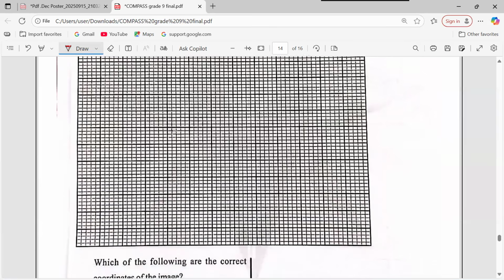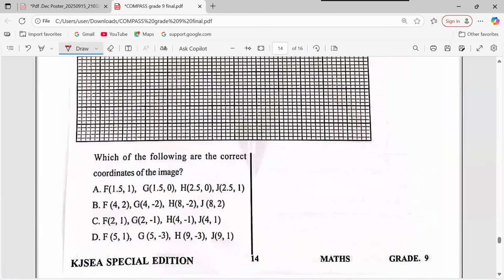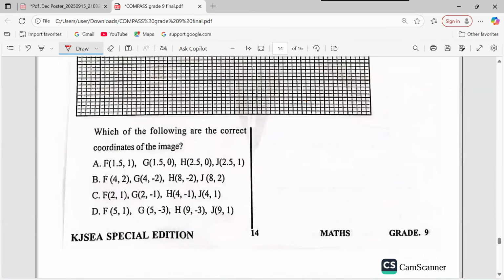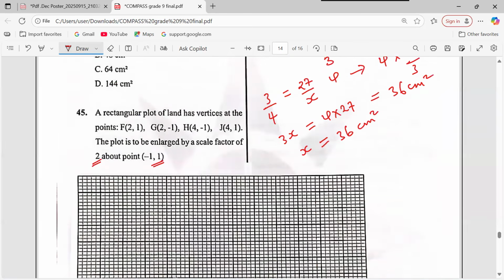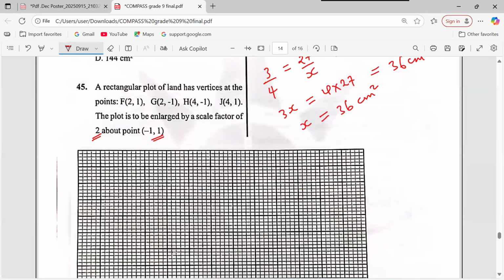Then after that, what are we told? Which of the following are correct coordinates of the image after the enlargement? What are we going to get as the coordinates? It's good for us to enlarge using the appropriate way of enlarging, more so when the scale factor is positive.